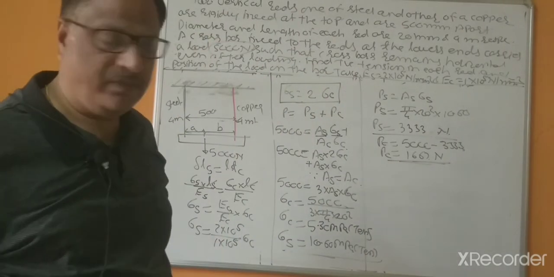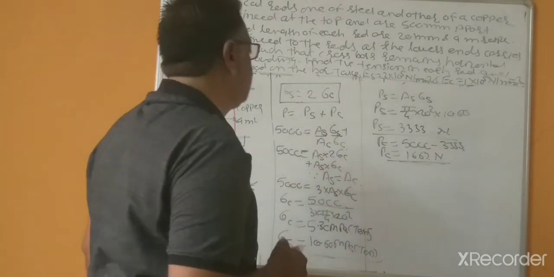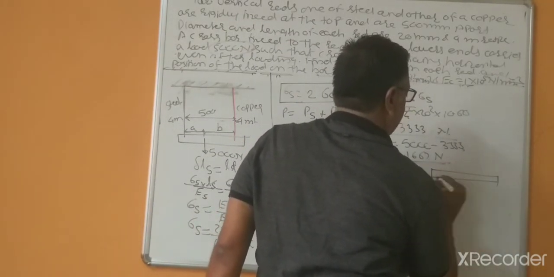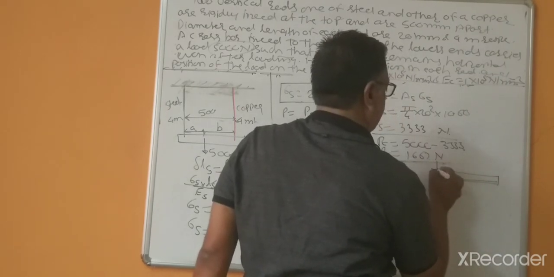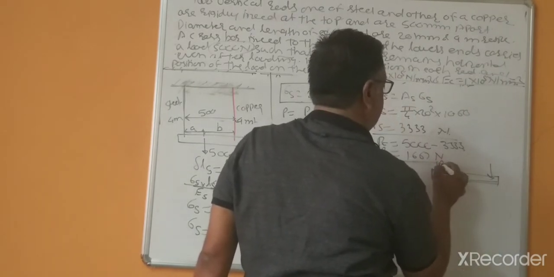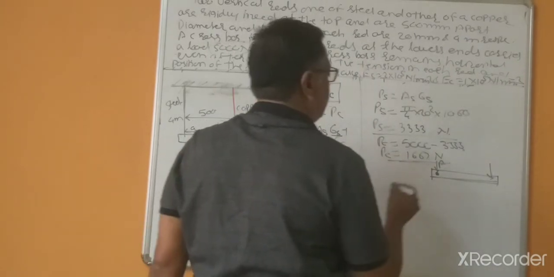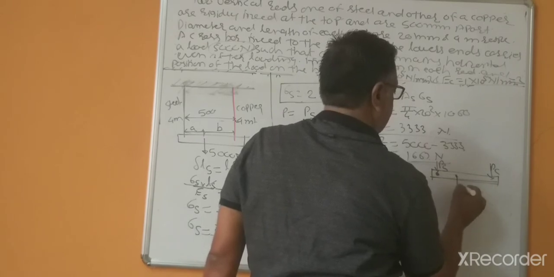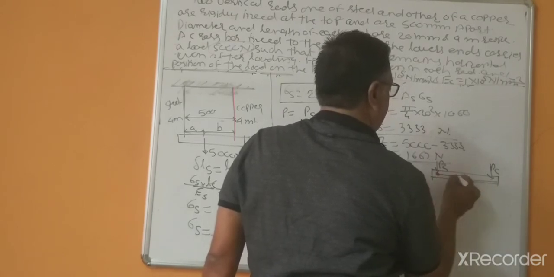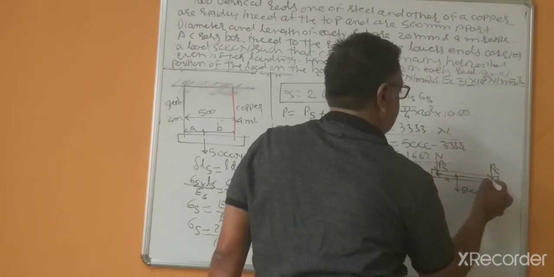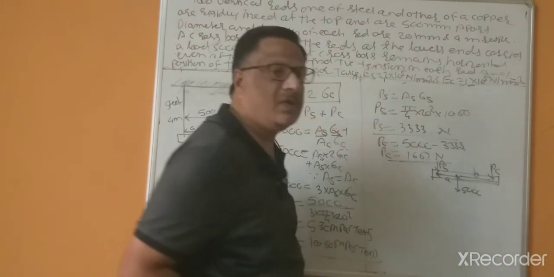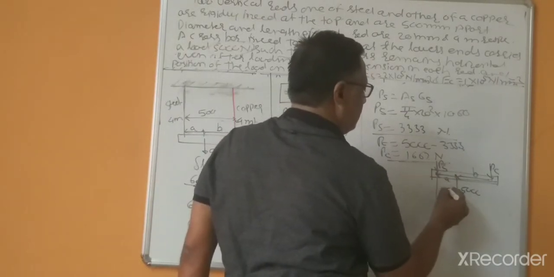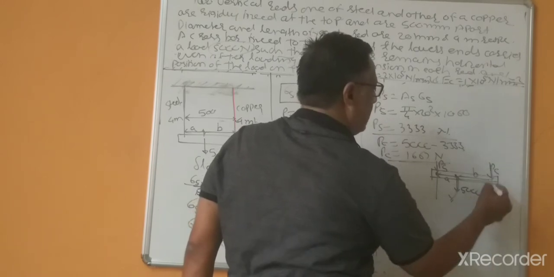This is correct. Now, to keep it horizontal, this load is PS and this is PC and this is the 5000, and this distance is A and this distance is B. Suppose this is a fixed point, and this is one moment and this is another moment.